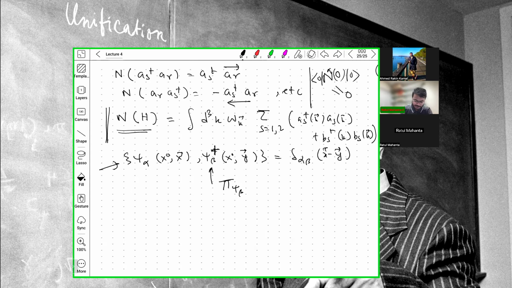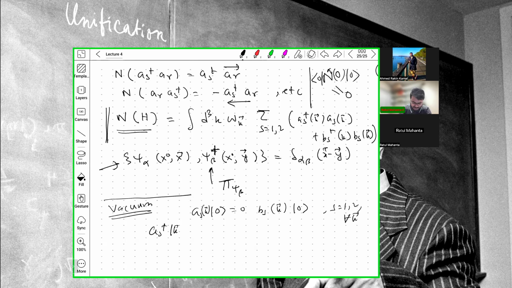I will also now define what the vacuum is. You can see that it is annihilated by all the a_k, and there is another type of particle, but the one particle states are this.